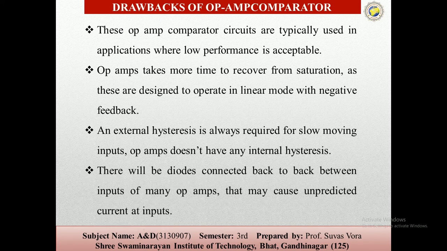Also, in the comparator there will be diodes connected back to back between the inputs of the op-amp, and that may cause unpredictable current in the input. So these are the main 4 drawbacks of the op-amp comparators.